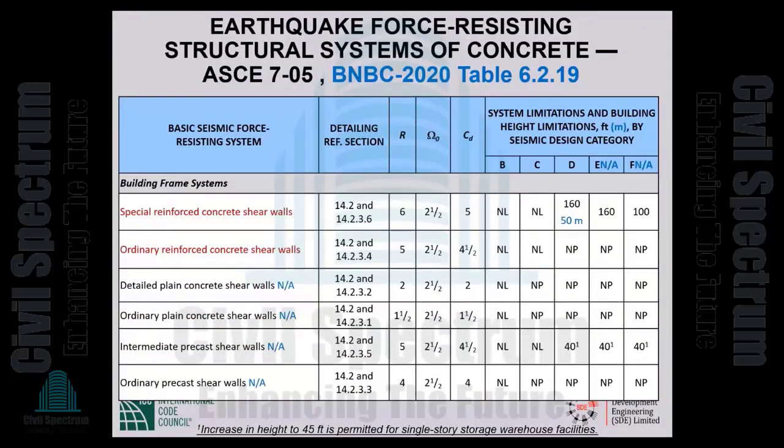Some of the systems listed in ASCE 7-05 are not in BNBC. But anyway, this table is for you to look at. I don't know that I will gain anything by spending time. Detailing requirements are given in ACI 318 chapter 14. That column doesn't apply to you.